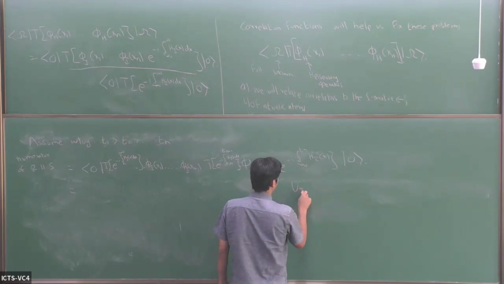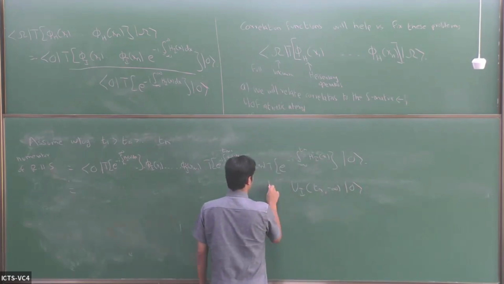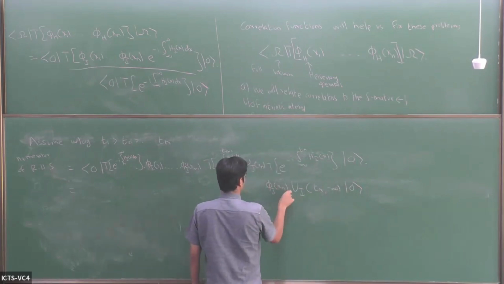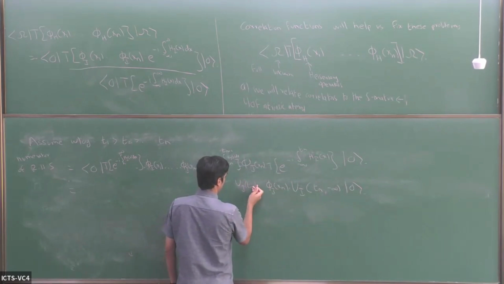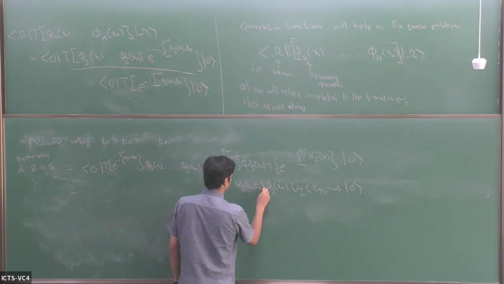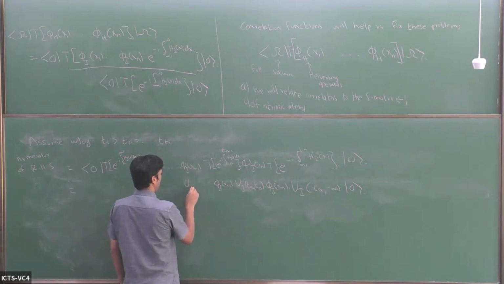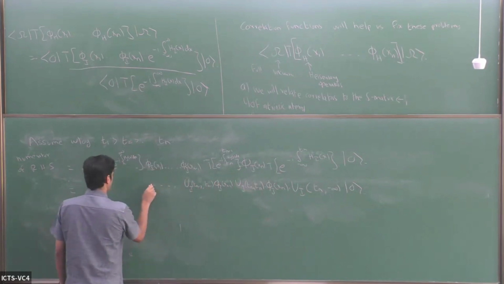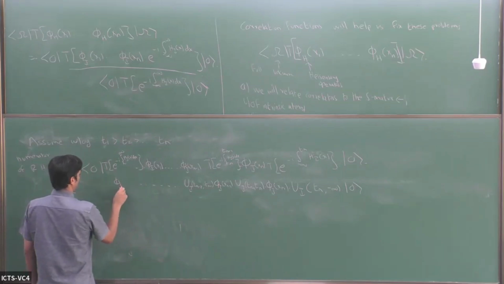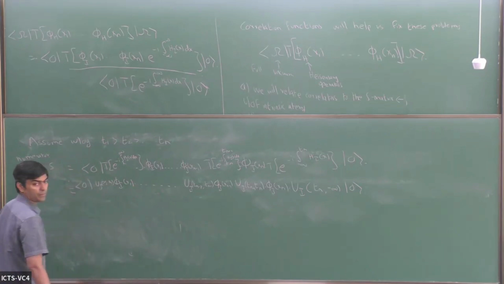So this is U_I from tn to minus infinity, phi_I of xn, and you have U_I from tn minus 1 to tn, phi_I of xn minus 1. You have U_I from tn minus 2 to tn minus 1, and so on. Then you have phi_I of x1, and U_I from plus infinity to x1. Okay, good.